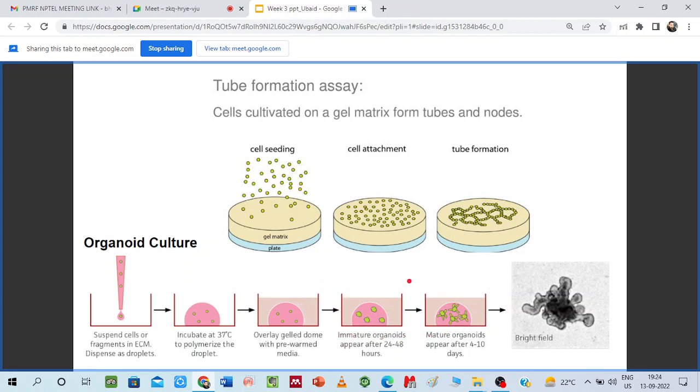Otherwise we have to study the organs, and we have to sacrifice the animals, or we have to study the tumors directly from humans. But these organoids will help to study the tumors, and to do drug screening in the organoids.